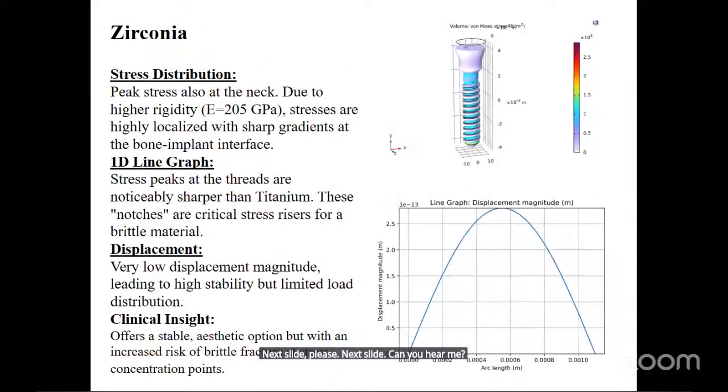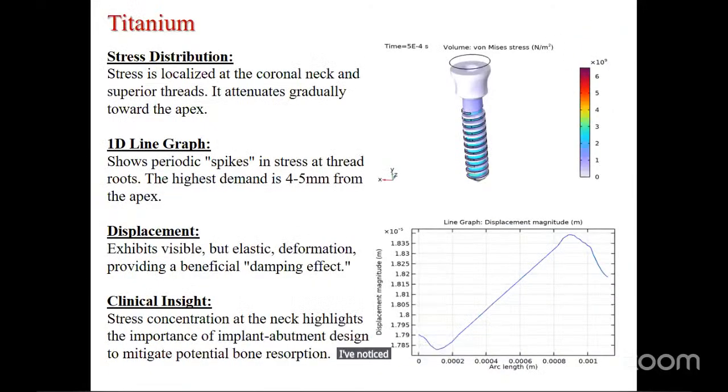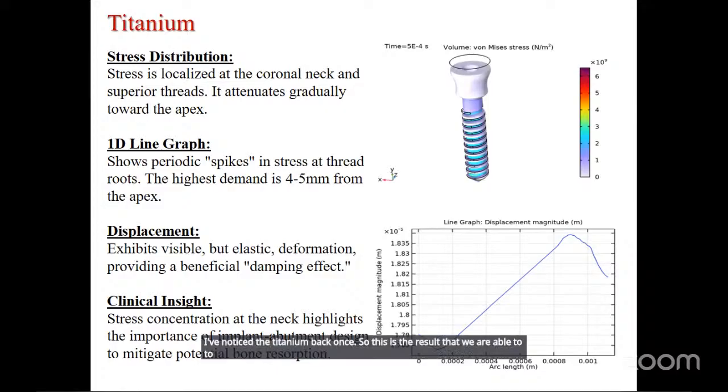Okay. So this is the result that we were able to simulate for the titanium. After assigning the properties, we chose the colors ourselves. We can see the stress distribution here.